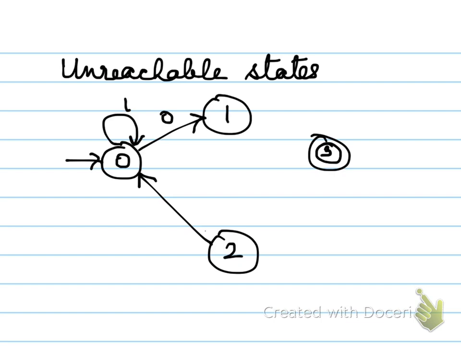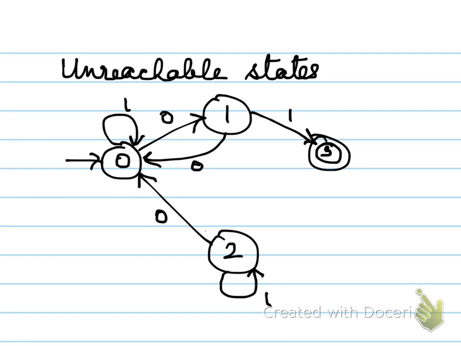State 2 on 0 goes to this, and 2 on 1 goes to this. And state 1 on 0 goes to this, and on 1 goes to this. So here I have a DFA.